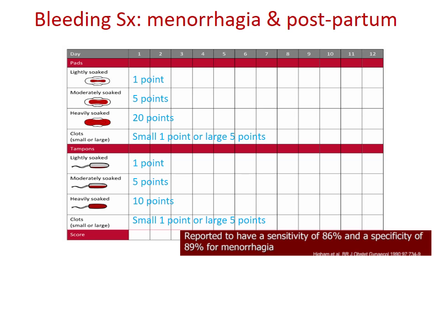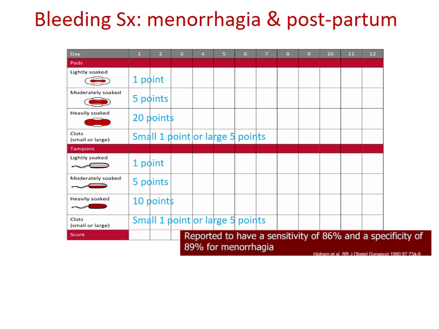With menorrhagia, I think it's very important to understand how to take a good menstrual history. This pictorial bleeding assessment chart has been used to help diagnose menorrhagia and has a relatively good specificity and sensitivity for this diagnosis.